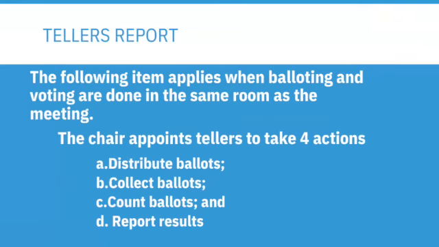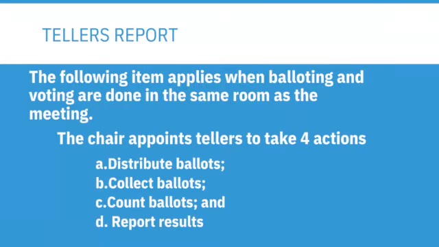Now with voting, mainly during an election, we have a teller's report. The teller's report is when we have a ballot, and those ballots have to be counted. And the chair usually appoints a teller to take 4 actions: distribute the ballots, collect the ballots, count the ballots, and report the results.